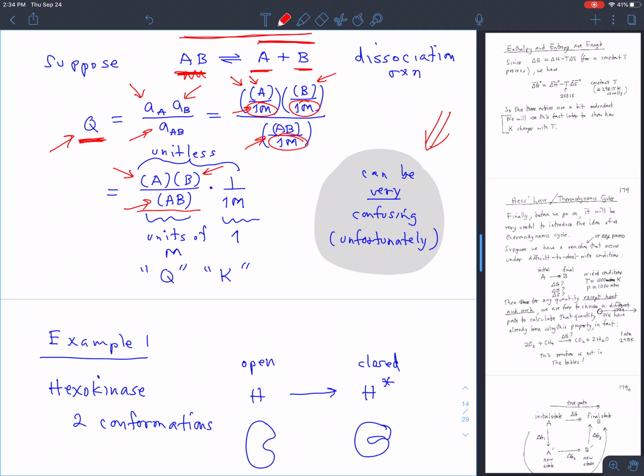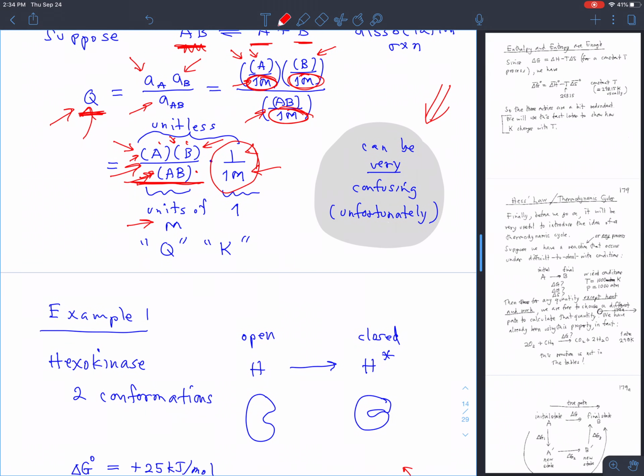And if you look at that, if this has got molar concentration, that's got molar concentration, and that's got molar concentration, then this whole quantity, this first factor here, does have units. And it has units of molar, in fact, right? Molar times molar divided by molar is units of molar. But if you look at the standard state concentration factors that were actually present, they factor out, and they also have units, and the units are 1 over the units of this first factor, which means the whole thing is, in truth, unitless.